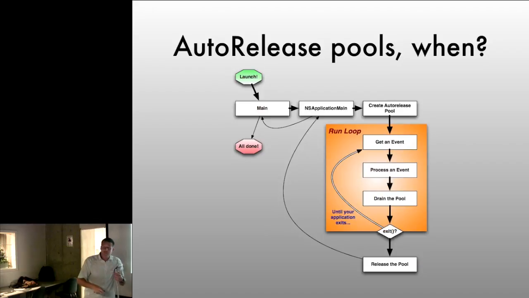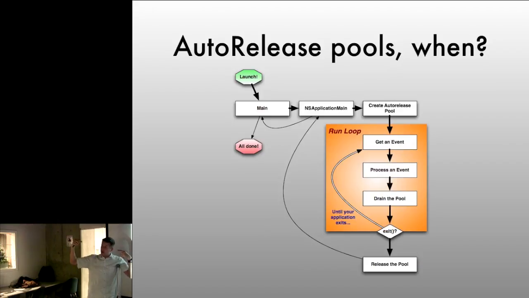Yes? Is it safe to say that it drains the pool just before it waits for another external event? Yes, exactly. So the event handler is just cycling away, doing its own little background tasks.